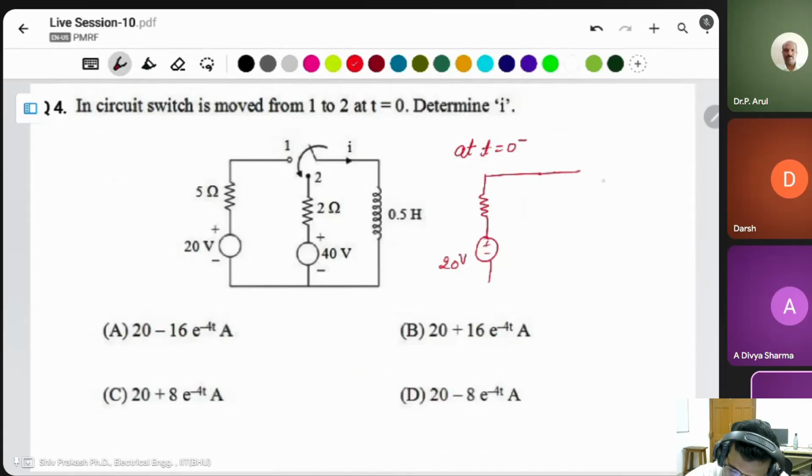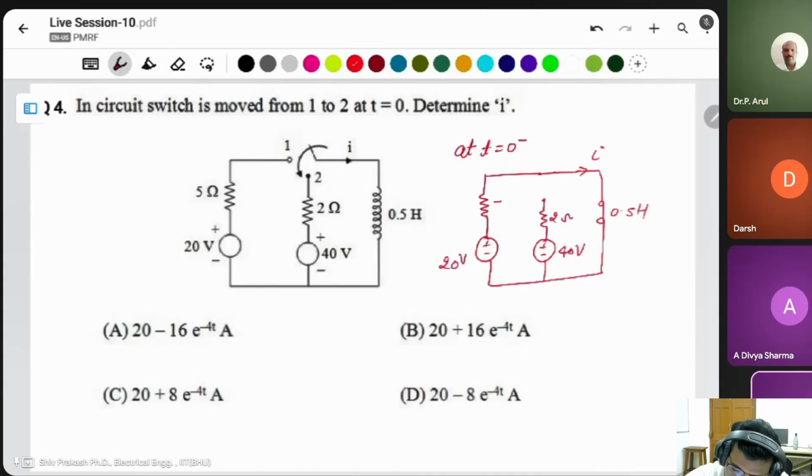The circuit is closed through the inductor. Inductor will be short circuited. This current is I, which is the inductor current, and this circuit is open circuit. There is no meaning of this branch of the circuit.